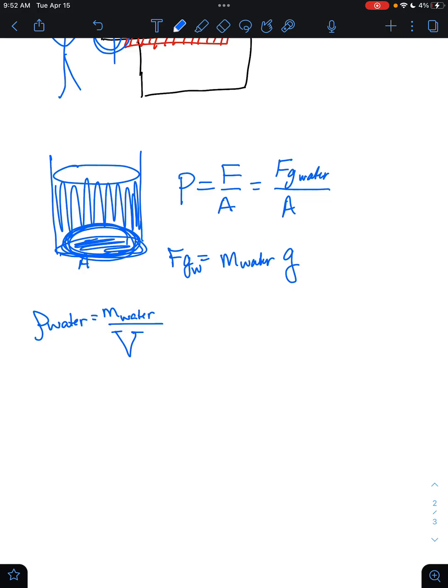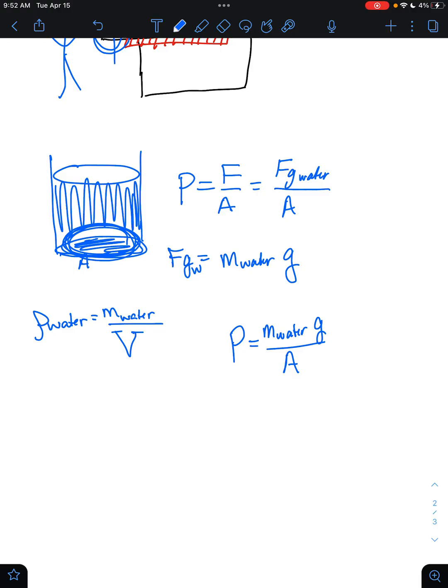So as we're starting to put some of this together, we're going to say that the pressure is equal to the mass of the water times g over the surface area of the bottom surface.